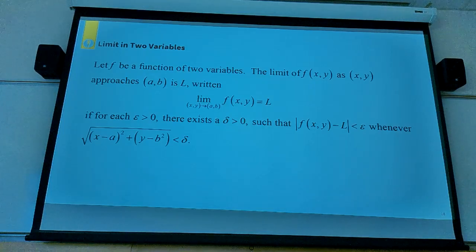The limit of f(x,y) as (x,y) approaches the point (a,b) is L, if for each epsilon greater than 0, there exists a delta greater than 0, such that the absolute value of f(x,y) minus L is less than epsilon, whenever the square root of the quantity (x minus a) squared plus (y minus b) squared is less than delta.